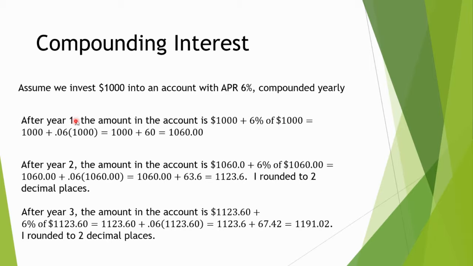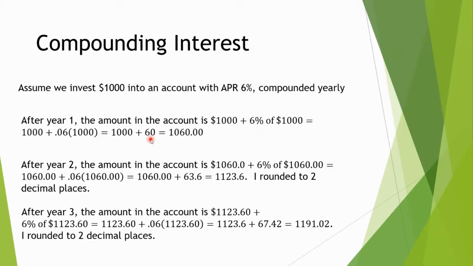So mathematically, we have 1,000 plus 0.06 times 1,000, 6% of 1,000. As we saw in the previous chapter, that's percent of a number. You basically multiply, converting the percent to a decimal. And we get this amount, which is, for a second I thought my math was off, but it's correct. So we get $1,060. So this is our interest, as you can see.